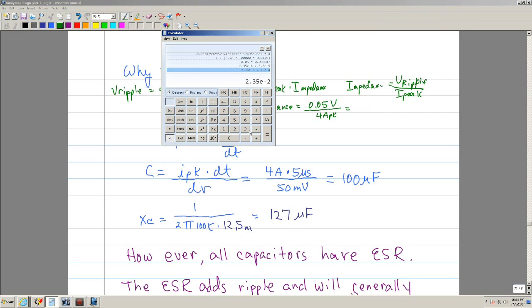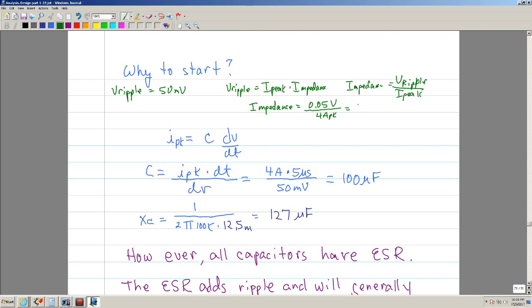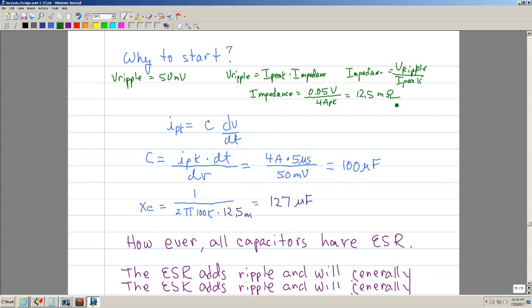So 0.05 divided by 4, you come out with 12.5 milliohms.